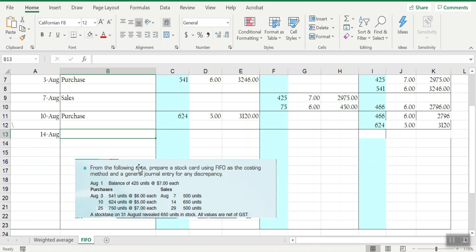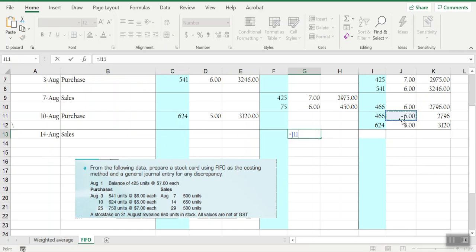Okay, a sale. So I'm coming out of the business again, this time 650. We have to get rid of the $6 amount first. Then if we need to, we dip into the newer stock and get that out.